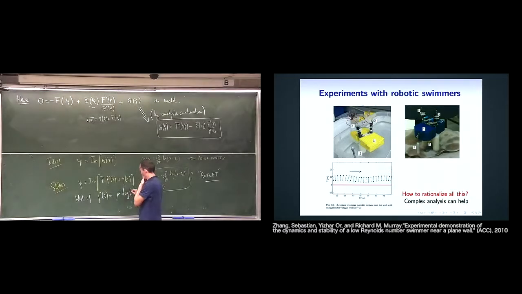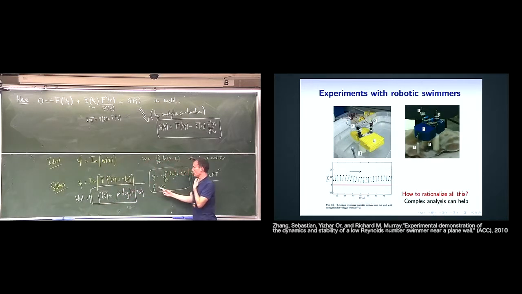So here's something for you to think about before next Tuesday. What if I let f have a logarithmic singularity? Here, I took f to be 0 and let g have the logarithmic singularity. But a very natural question to ask is, suppose I let f have a logarithmic singularity.